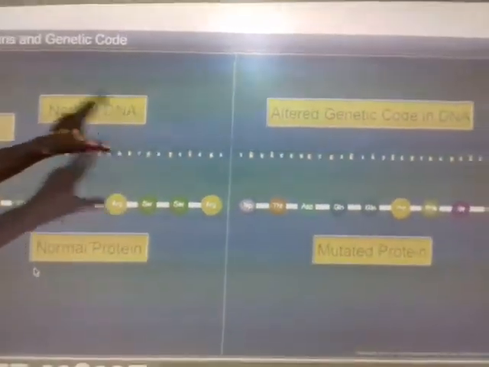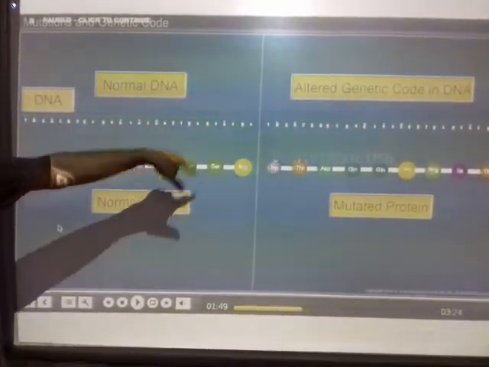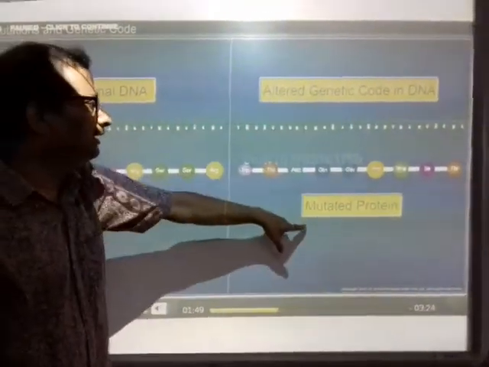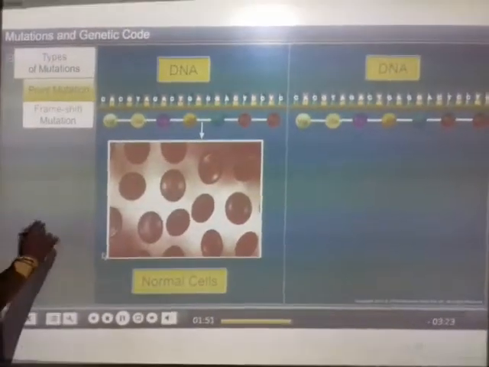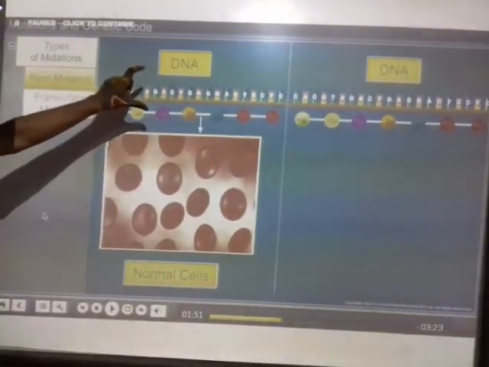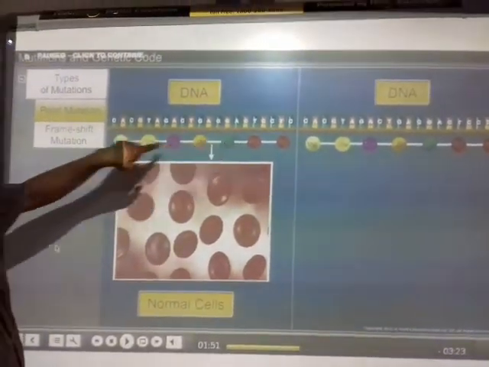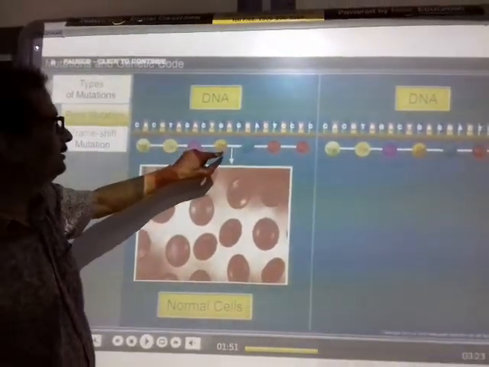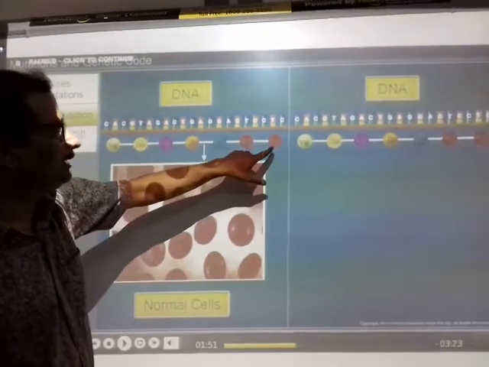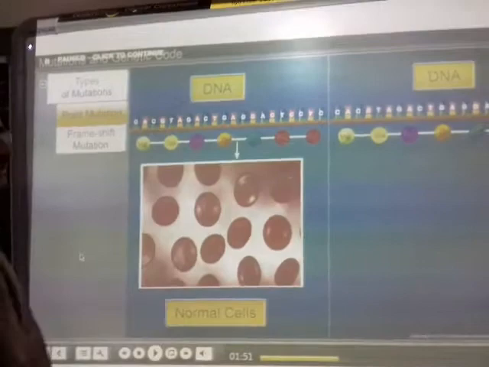So this is an actual example. You can see here normal DNA with a normal protein. There is an altered genetic code in the DNA which gives a mutated protein. Now this is an example of sickle cell anemia. You can see the sequence of the amino acids in the beta chain of the hemoglobin is valine, histidine, leucine, threonine, proline, glutamic acid, and glutamic acid. This is the normal sequence of the beta chain.